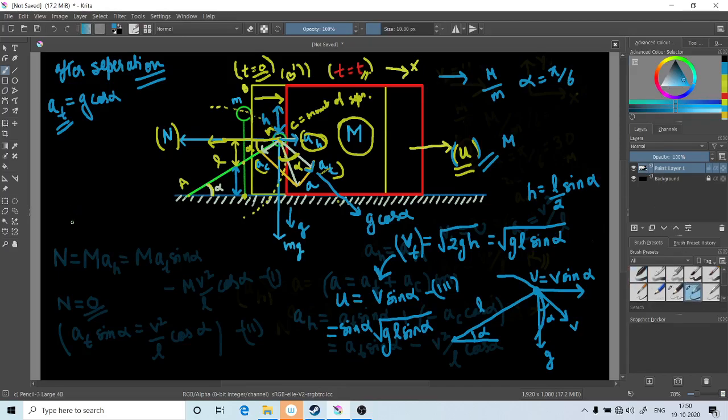According to the energy conservation law, we have mgl at t equal to 0.